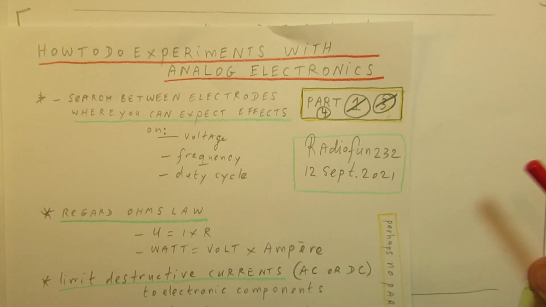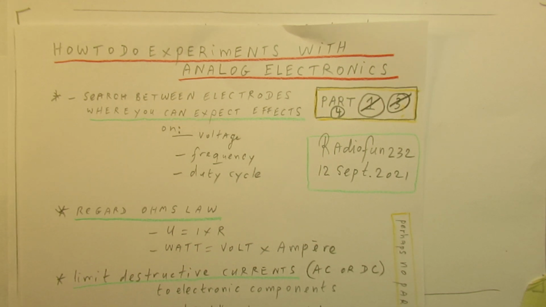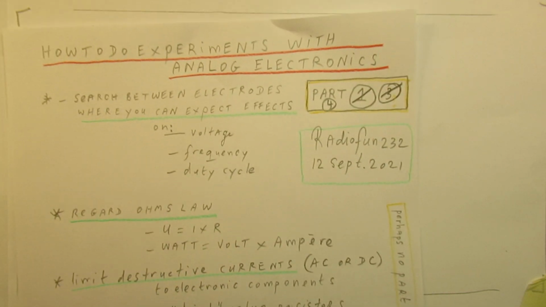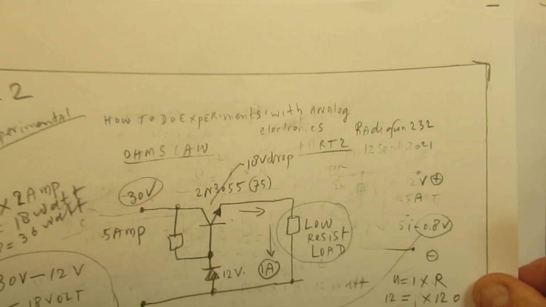I only want to give a kind of talk, more or less for beginners, but on the other hand it shows my experience during 40 years or more, 50 years of electronic experiments, and perhaps it can help everyone liking to do analog electronic experiments. In the earlier video we talked about this.